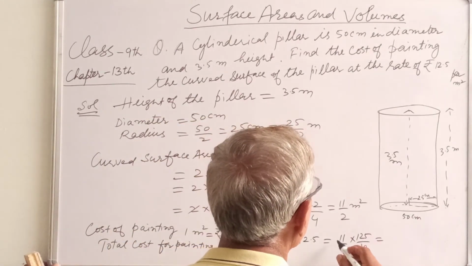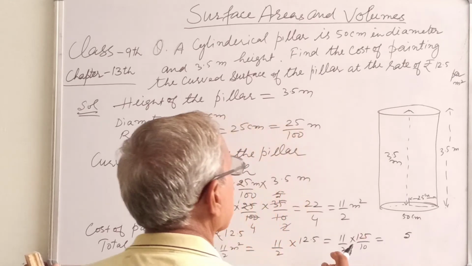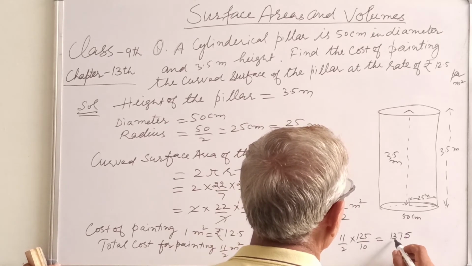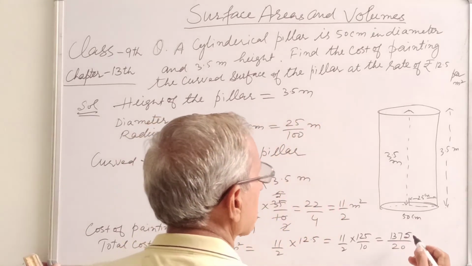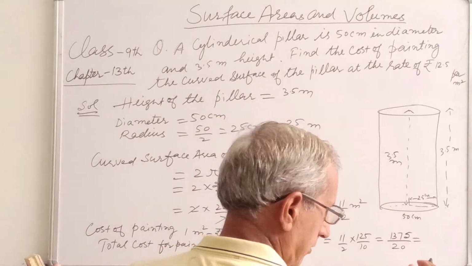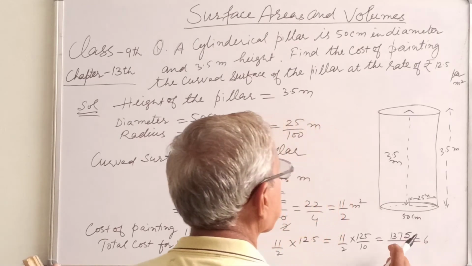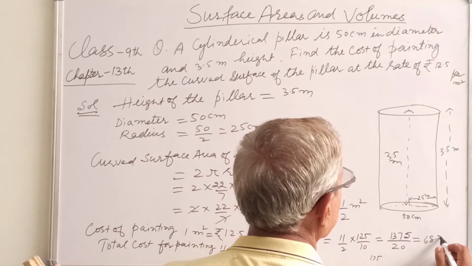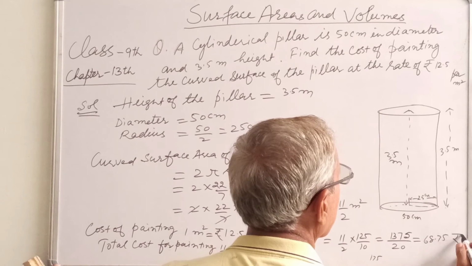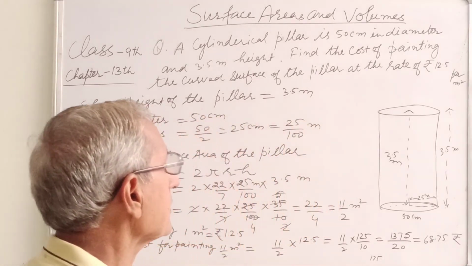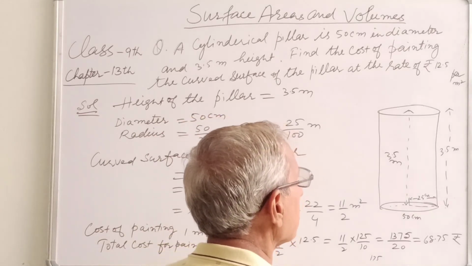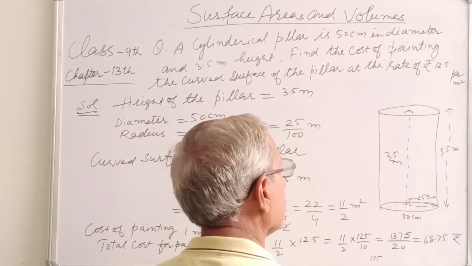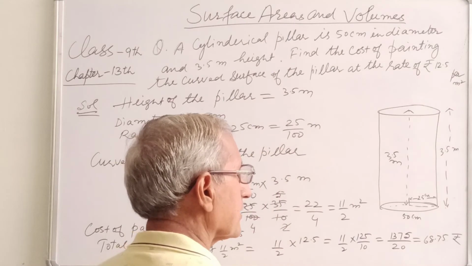That is, divide by 20. So this much will be the total cost, that is rupees 68.75 paisa, 68 rupees and 75 paisa, or rupees 68.75.